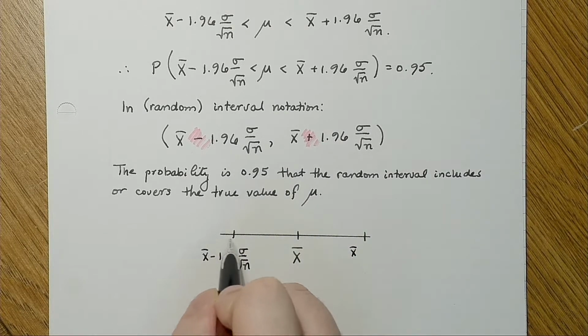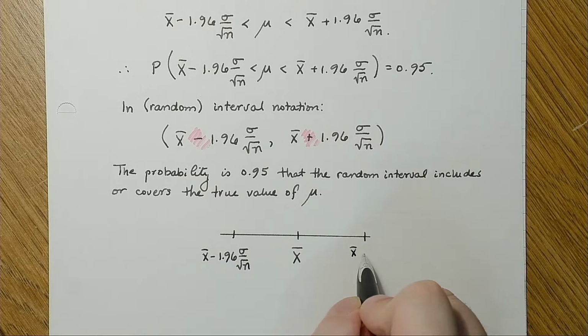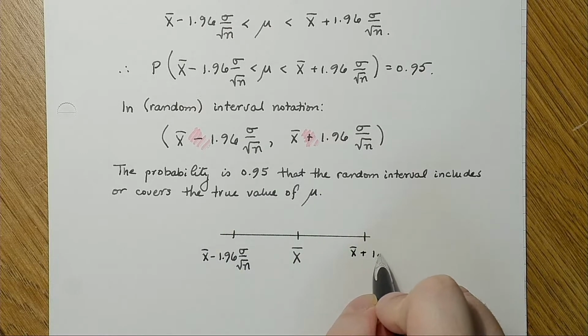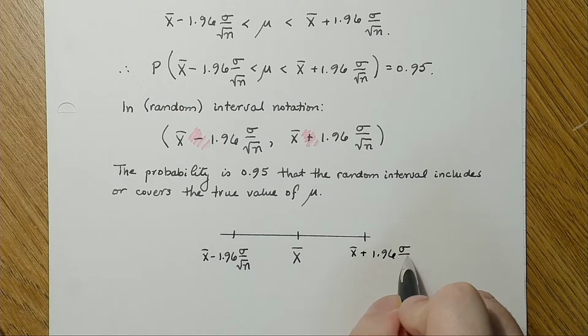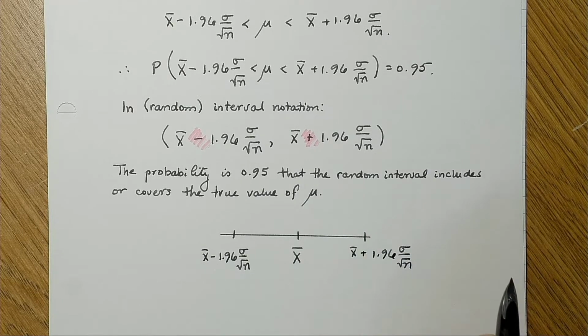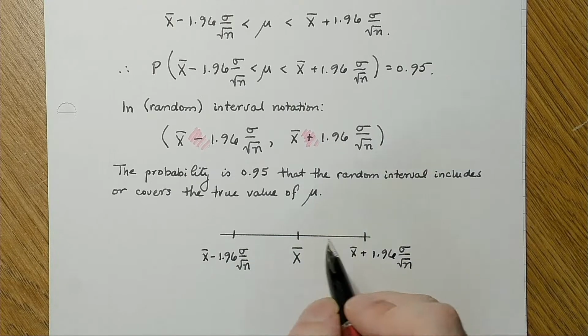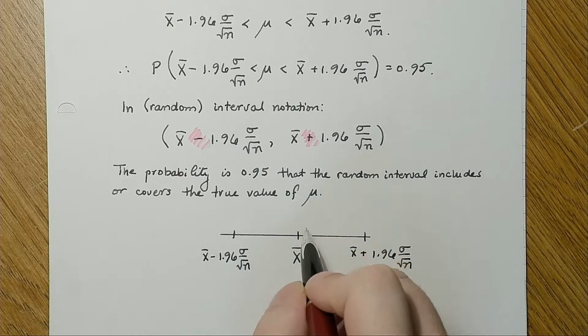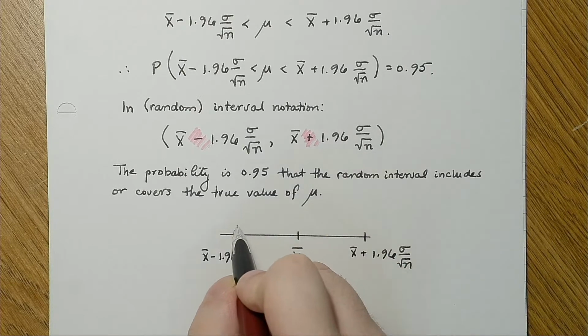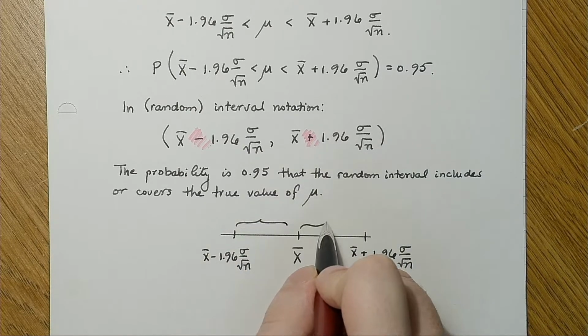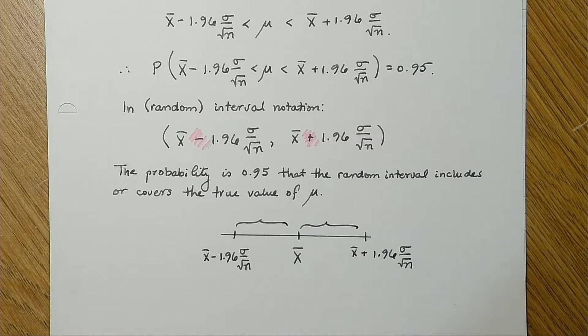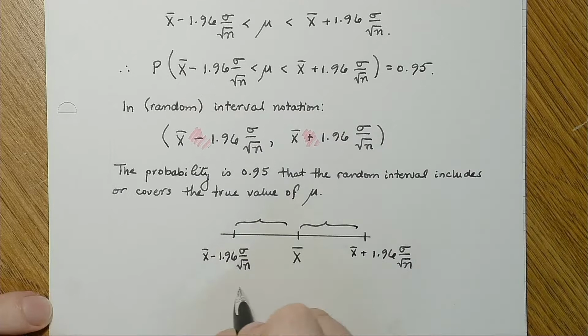And again, we calculated that 1.96 from our z table, so it doesn't just come out of nowhere. It's not a random number; it's a number we've picked for that specific purpose. And here's our interval, so that's our random interval centered at x bar.